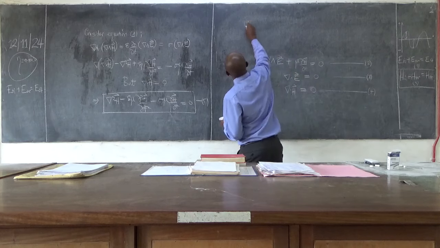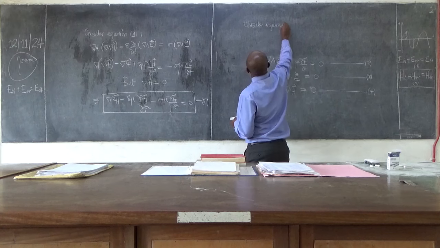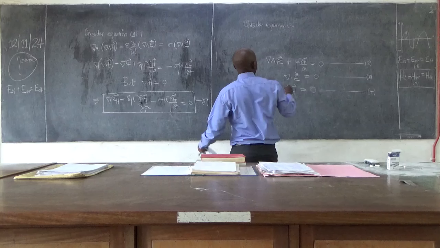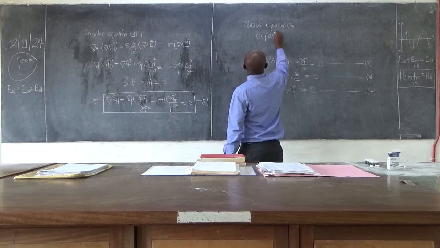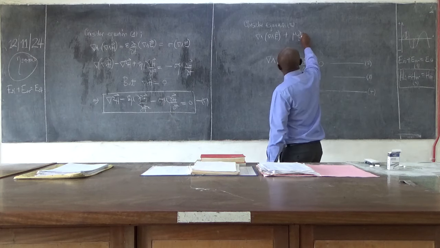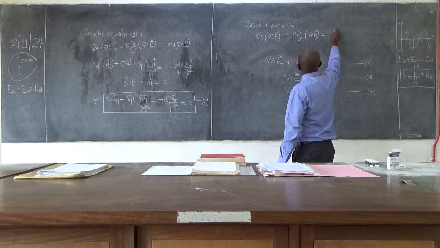So consider equation 2. So equation 2 is here. We are taking the curl of E plus μ ∂/∂t, the curl of H, equaling to 0.